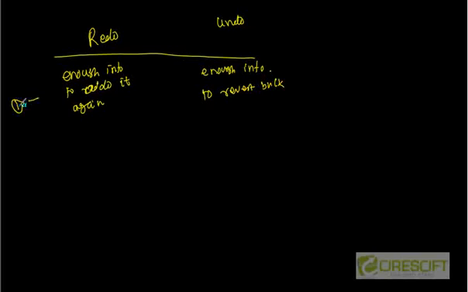This is the first characteristic. The second characteristic is that redo is stored in the online redo log file, whereas undo is stored in the undo segment. As you saw, the undo segment is something different from the data files, whereas the online redo log file is a separate file, which the log writer writes.